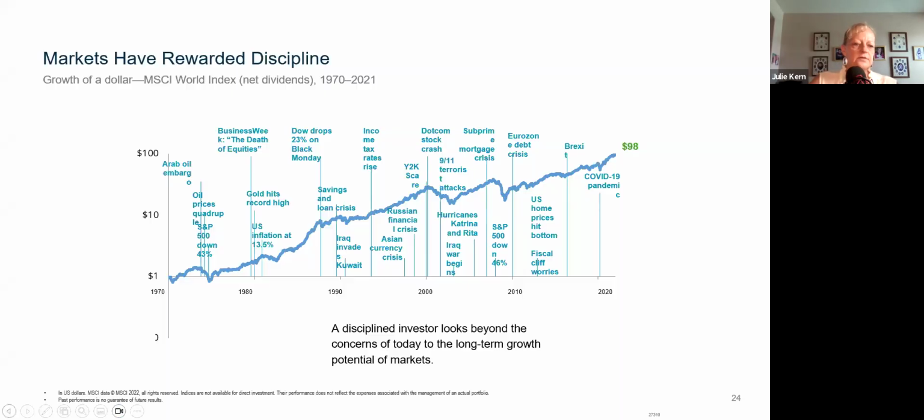So the bottom line is there's always going to be all these salacious news headlines, and news channels are selling headlines. They're not there to report what's really going on. And so they're going to make everything as bleak and scary and frightening as possible to get people to watch.